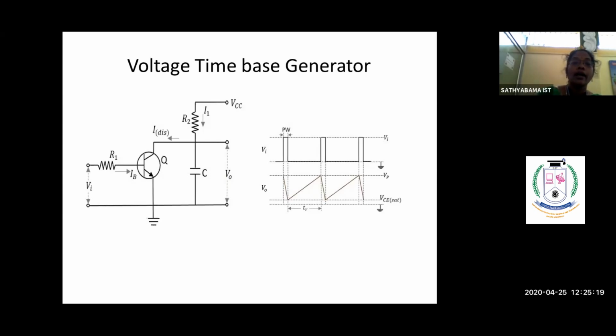Here, the entire circuit consists of two resistors and one capacitor. Only one resistor is extra in this circuit, that is R1. The input is supplied to the base via the resistor R1.